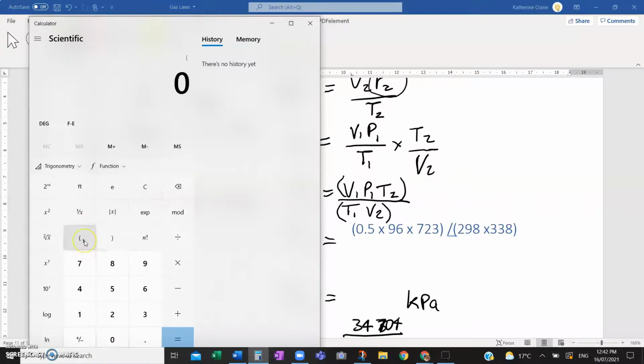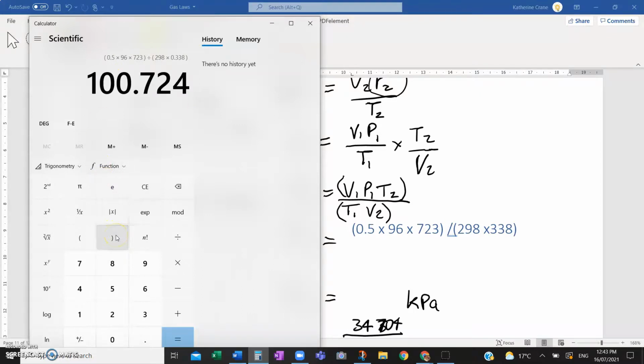Parenthesis, 0.5 times 96 times 723, close parentheses, divided by, open parentheses, 298 times 338. No, that's not right. I just realized. Backspace, backspace, backspace. 0.338. Close parentheses.